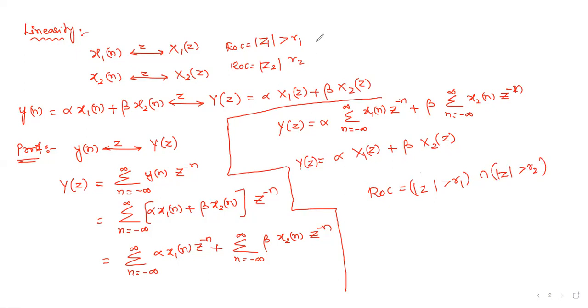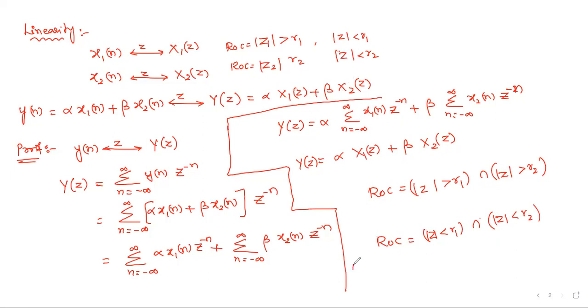If the individual ROCs are less than, the resultant is also less than: mod z less than R1 intersection mod z less than R2. So if you are performing the linearity property, the ROC will become the intersection of the individual ROCs.